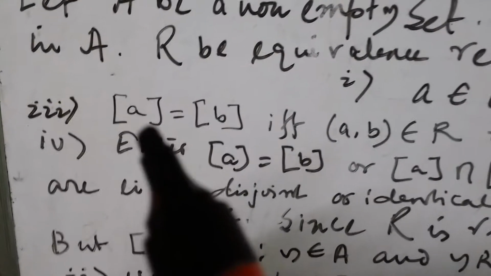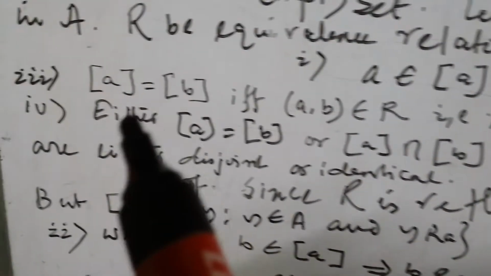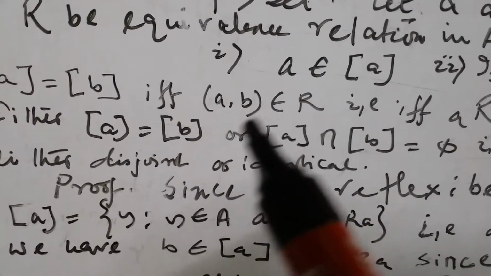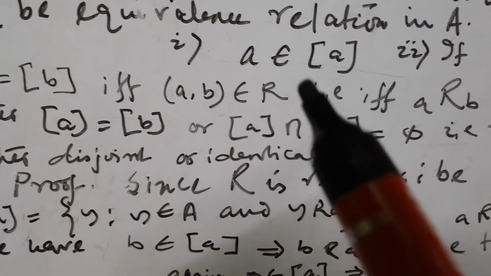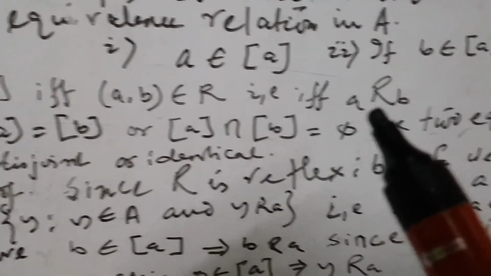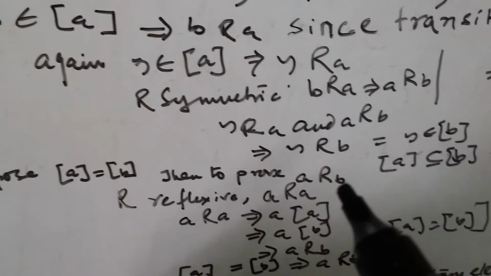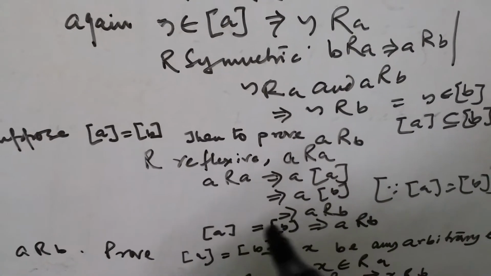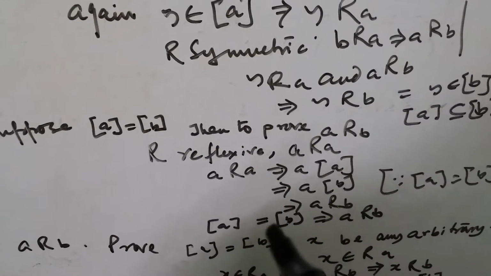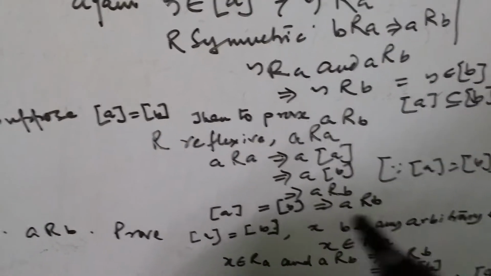That is, if [a] is equal to [b], then aRb. So here we prove aRb if [a] is equal to [b].